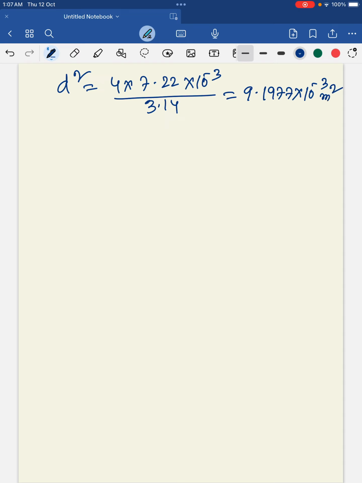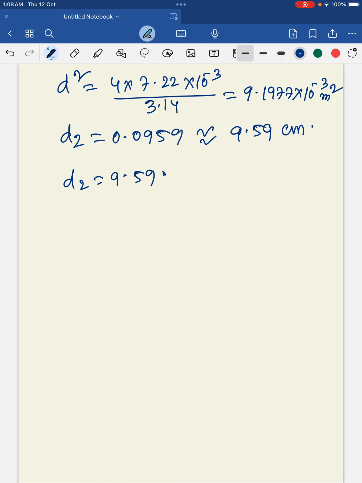Now from here d2 will be 0.0959, so that is roughly 9.59 centimeter. So d2 will be 9.59 centimeter. So that is the answer.